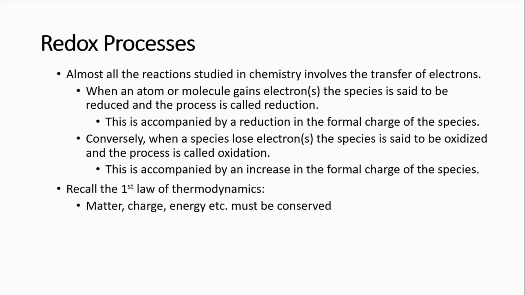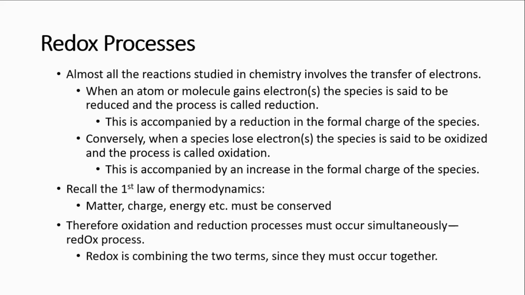Now recall from the first law of thermodynamics that matter, charge, and energy must be conserved. Therefore, oxidation and reduction processes must occur simultaneously. This is called a redox process. What this means is that if something is oxidized, then something else must be reduced.